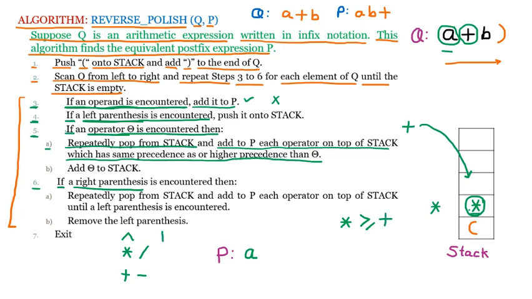Obviously the high precedence is at the top side and this is the low precedence, and precedence goes from low to high. So obviously the star has more precedence. Then first of all star will come out, then plus will come in. So that thing will happen. But this is not the case of our example because we only have one operator. This is the case of multiple operators.